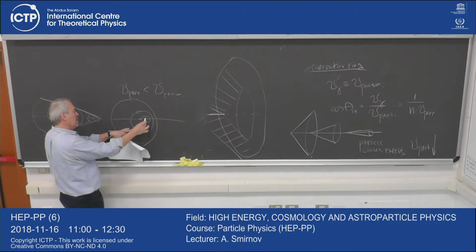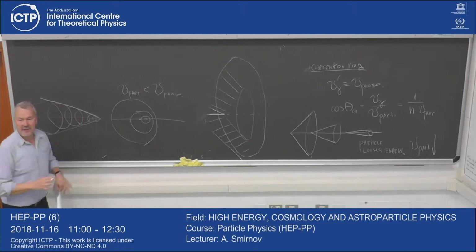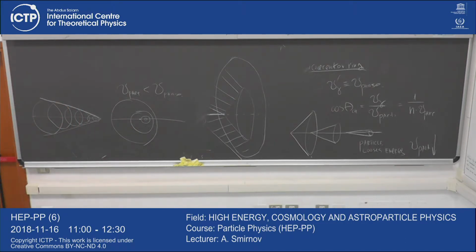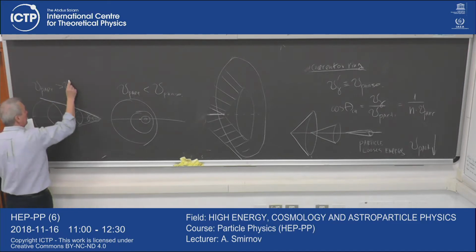And so the sphere emitted later will be inside the sphere which was emitted before. Therefore, no front is formed in this case. This is the case where the particle velocity is smaller than the phase velocity.